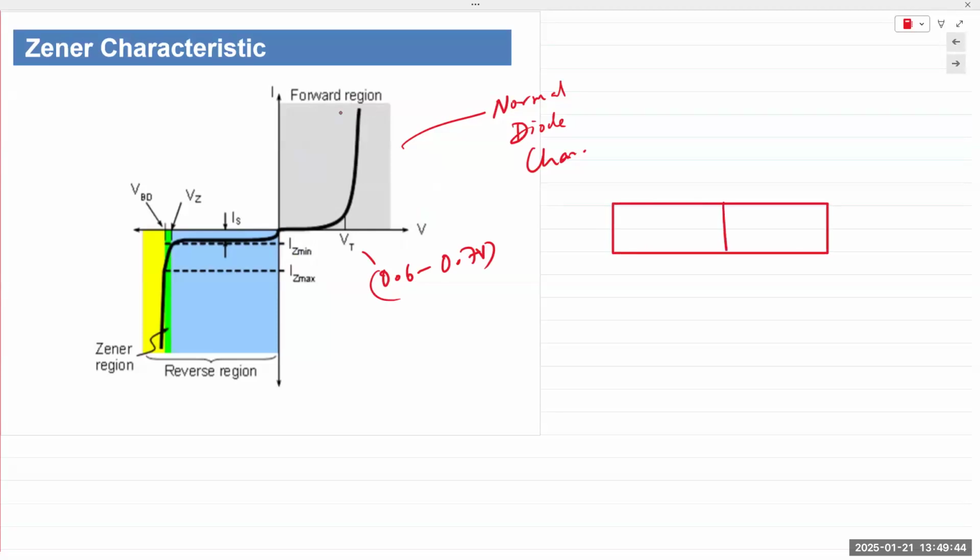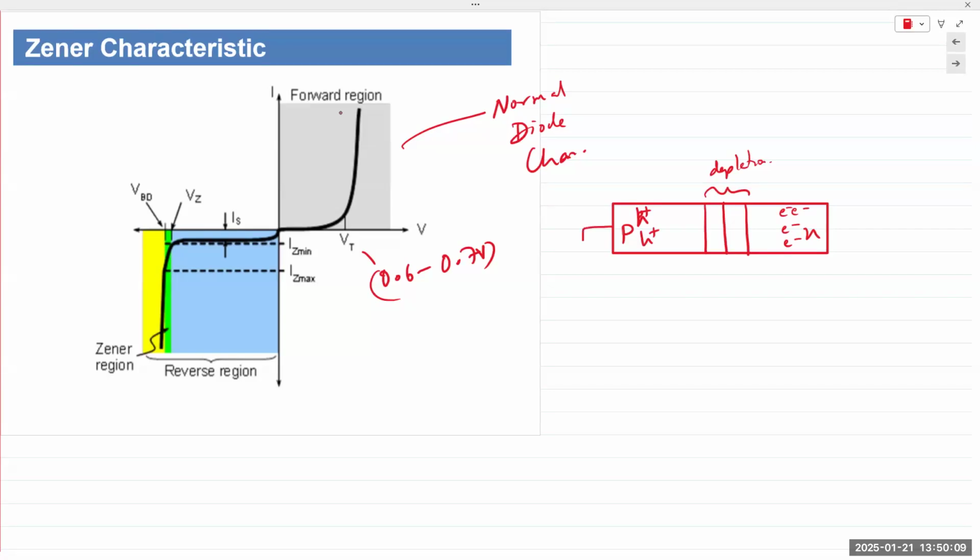If this is our PN junction diode, this is the depletion region. We have an excess of electrons here, an excess of holes here. This depletion region is devoid of charge carriers, except for minority carriers that are able to cross over the junction, right?